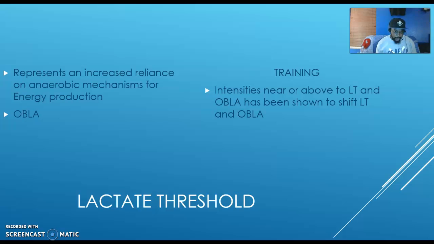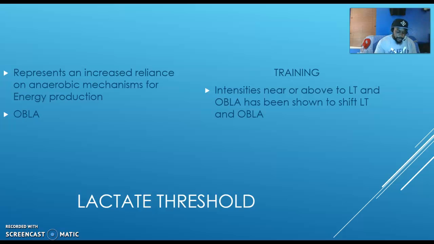As far as training goes, lactate production increases with exercise intensity. That's one of the main factors. Muscle fiber type influences production; type 2 fibers have been seen to have a higher production rate.